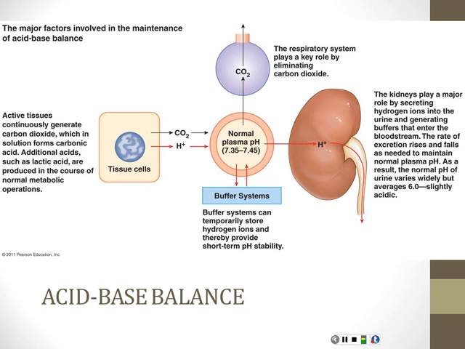But anyway, a buffer system is a set of molecules that can essentially hide or hold on to a hydrogen ion and keep it from affecting pH. Because the normal pH of the plasma is 7.35 to 7.45. That's a very narrow range, right? That's 0.1 difference around 7.4.